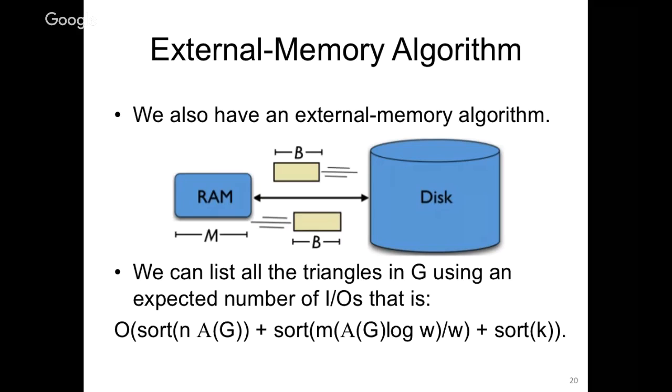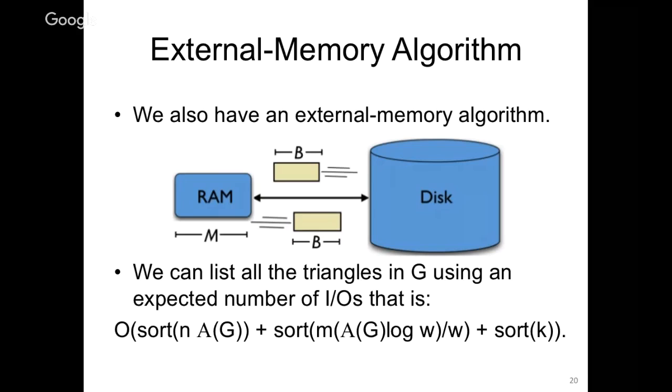But then M over W, you cannot even read all the input, right? So I thought M should be the number of bits. No, M is the number of elements. So even in this external memory model, you're still counting the number of I/Os of blocks of size capital B. But the number of elements inside B is counted in terms of words. So the total number of bits in every block is B times W. W is the number of bits in a word.